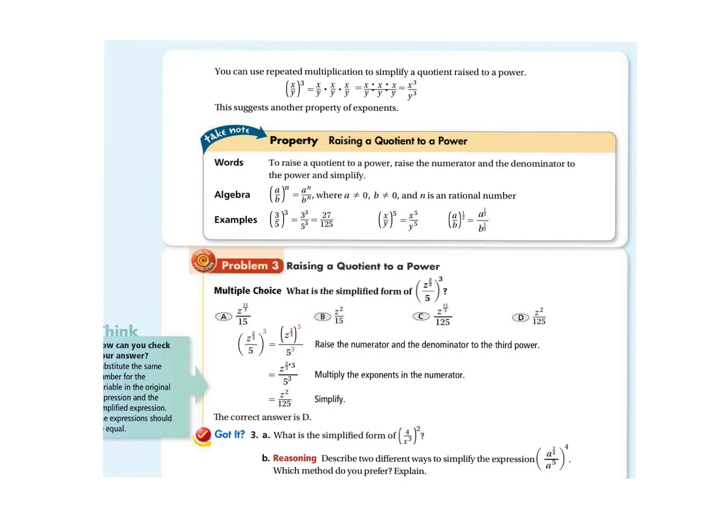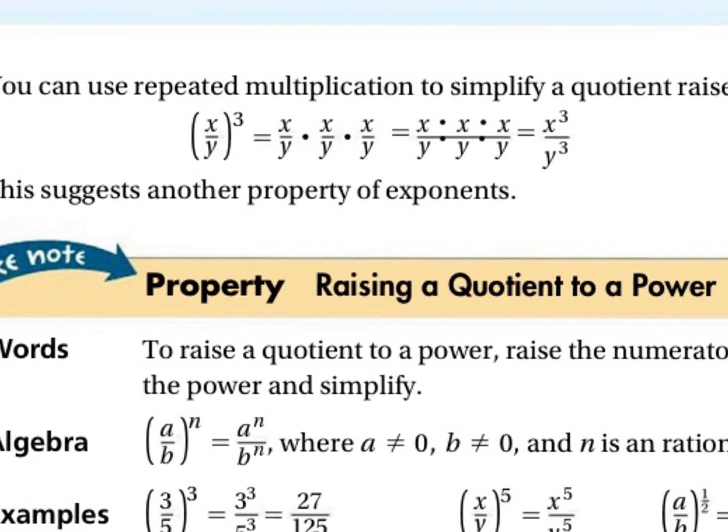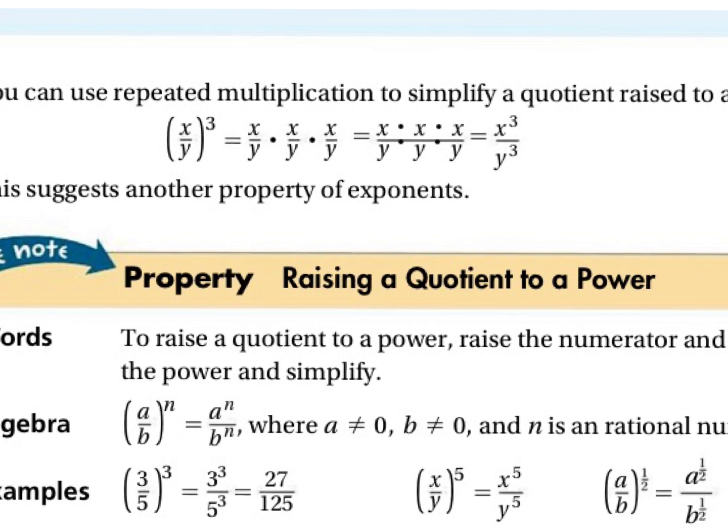Top of the next page, they just talk about how if you have a fraction to a power, you could just say, it's x over y cubed means x over y times x over y times x over y. But then if we condense that all into one thing, we end up with x cubed over y cubed.